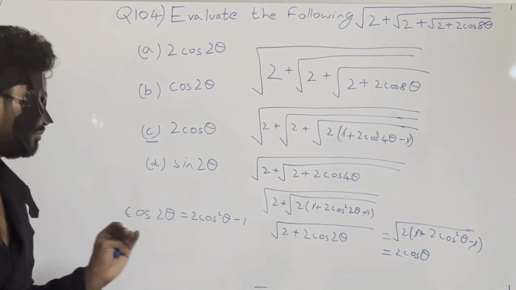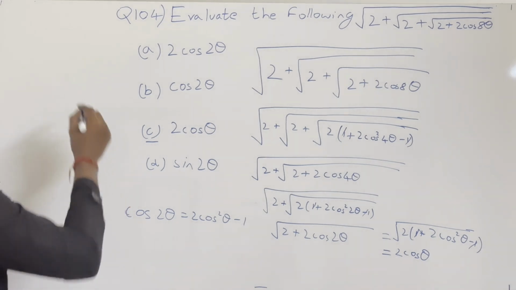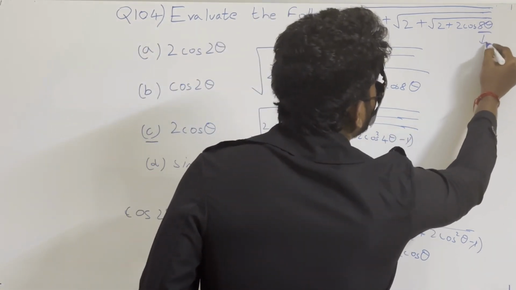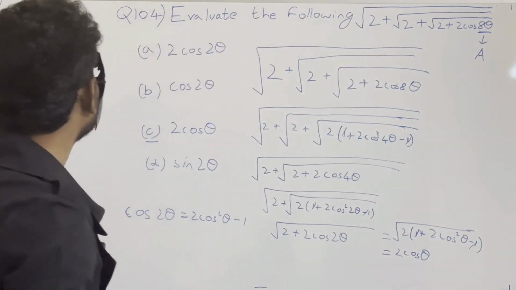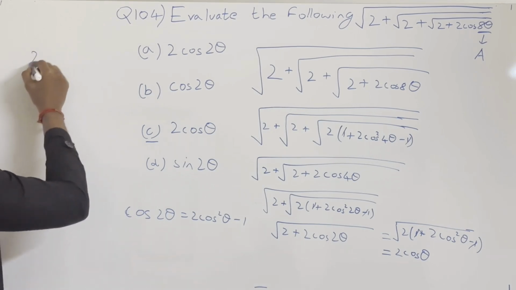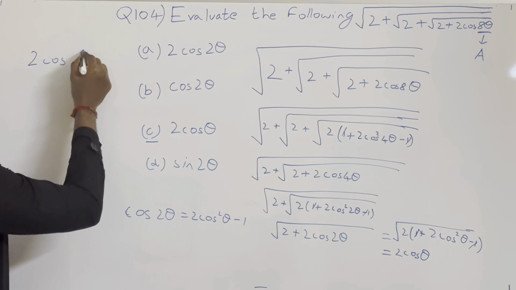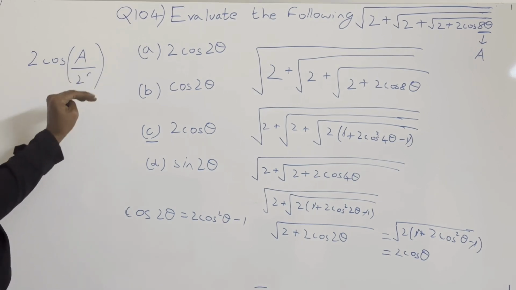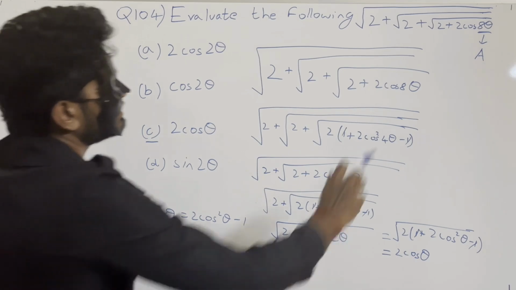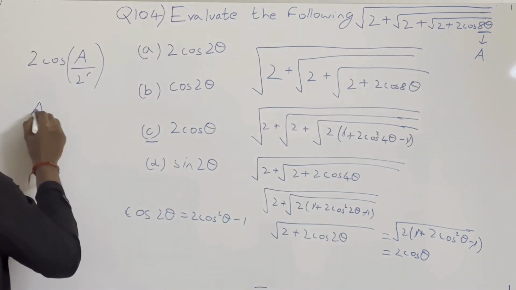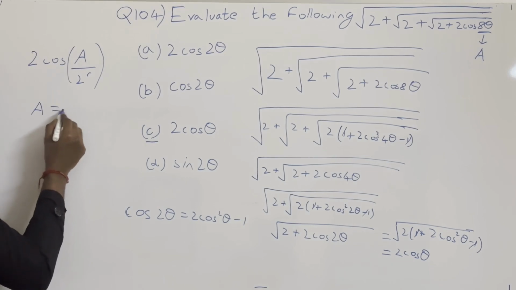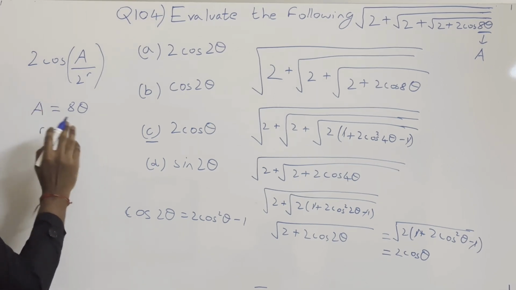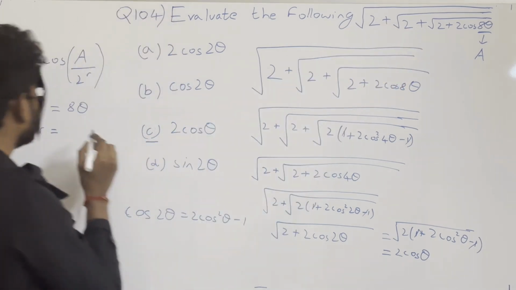And one more shortcut trick I'll tell you. Suppose whatever angle is given here, we'll take it as some angle A. Then the shortcut formula for this is nothing but 2 cos A by 2 power R. Here R is the number of roots and A is the angle given, that is here, A is equal to 8 theta, and our number of square roots is how many? 1, 2, 3. 3 square roots are there.